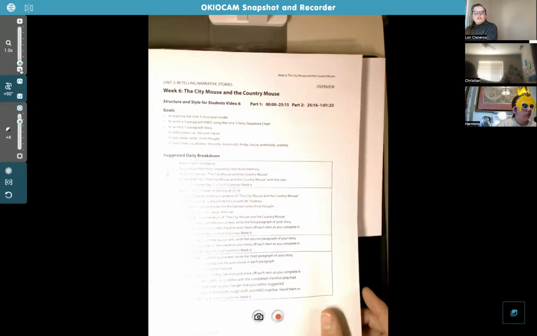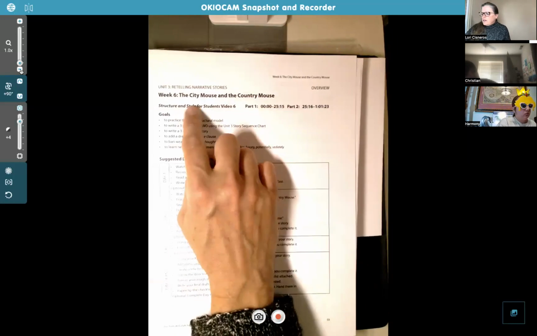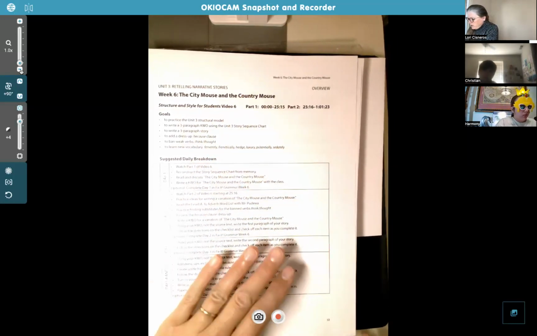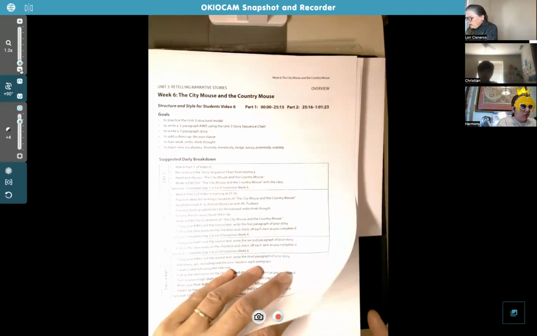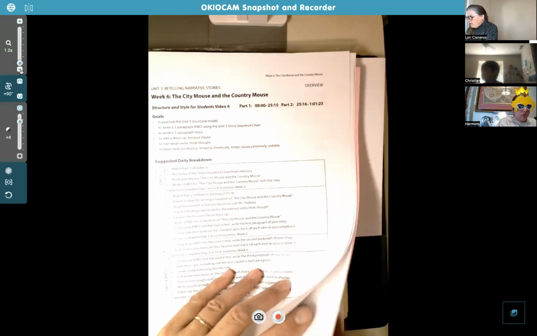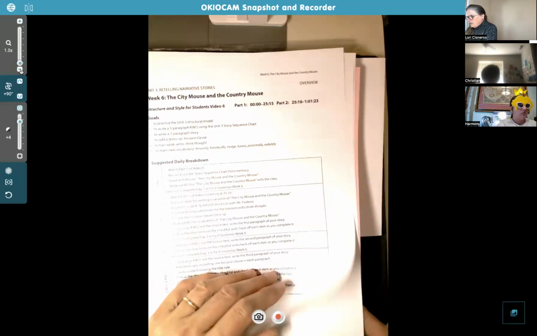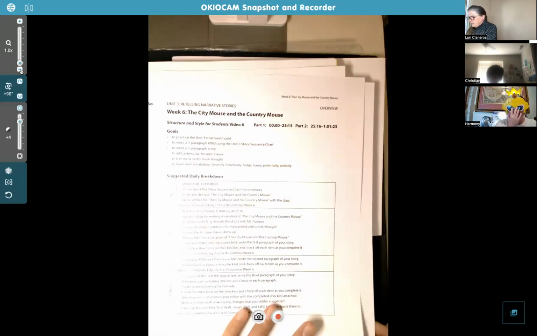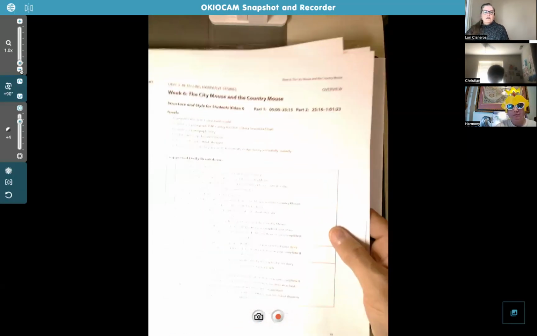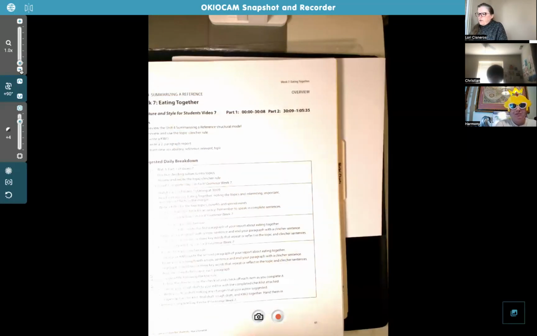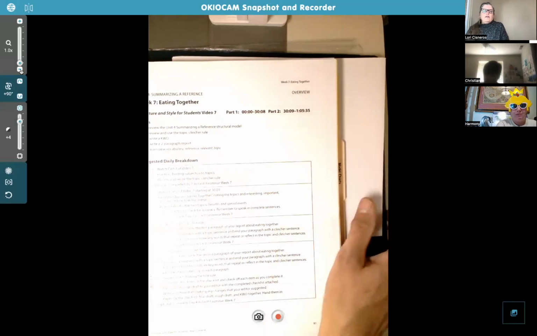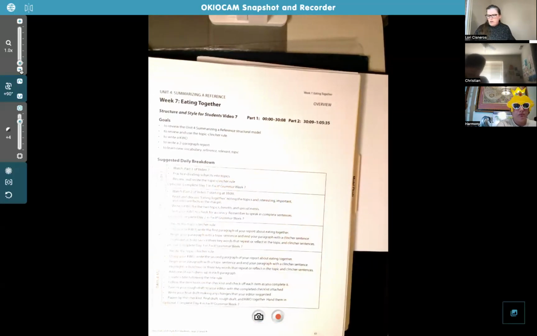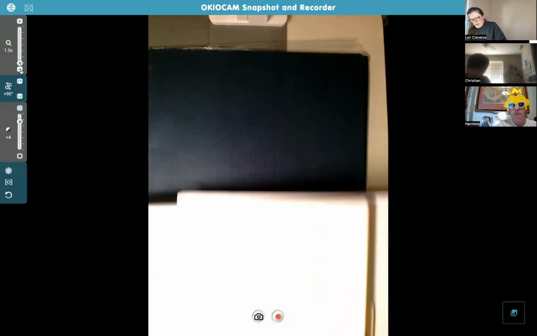This one, you should see week 6, the city mouse and the country mouse. So take out week 6, it's going to be 1, 2, 3, 4 pages that you're going to take out. For week 6, once you see week 7, don't take that one out. That one stays in there. Close up your rings, and then we'll get started on the next lesson.